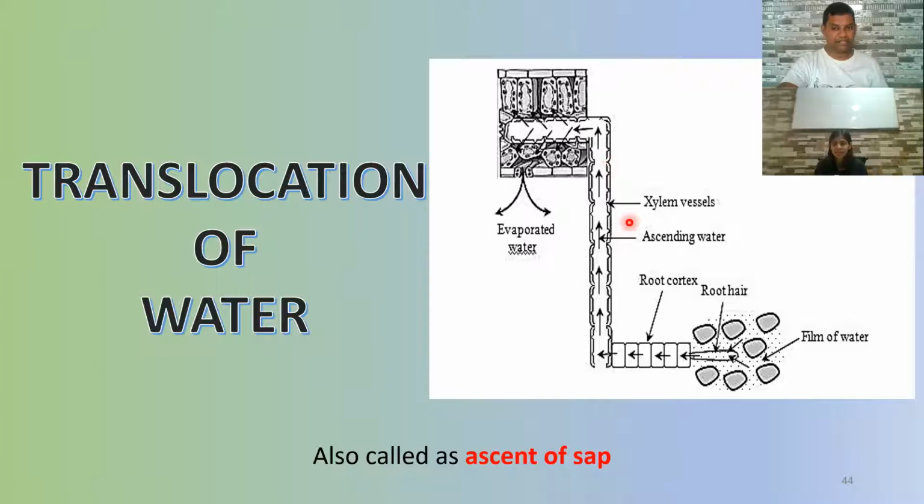So in the plants, in the vascular tissue, there are xylem vessels, which actually conduct the water upwards. That is why this process of translocation of water that we are discussing is also called the ascent of sap. Ascent means climbing, climbing means going against gravity. That is the point. Is it clear?